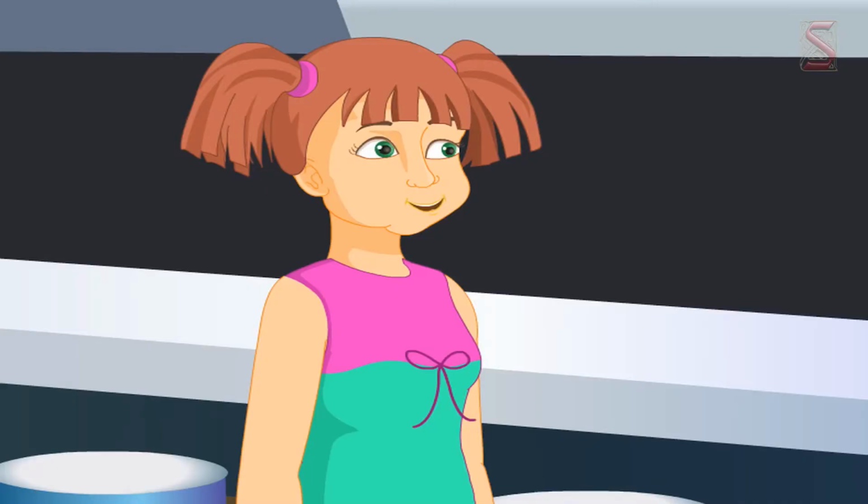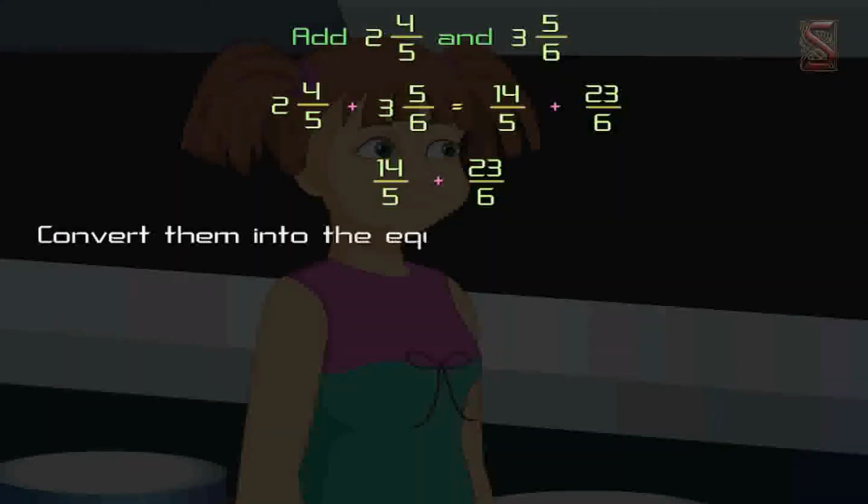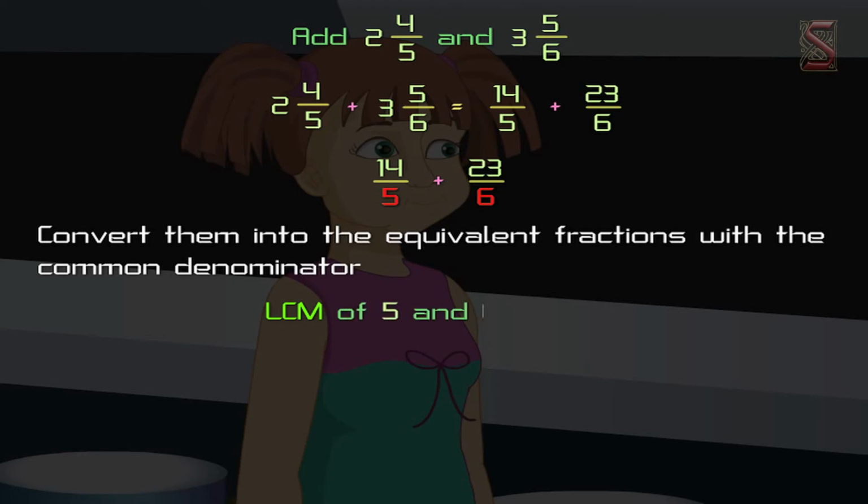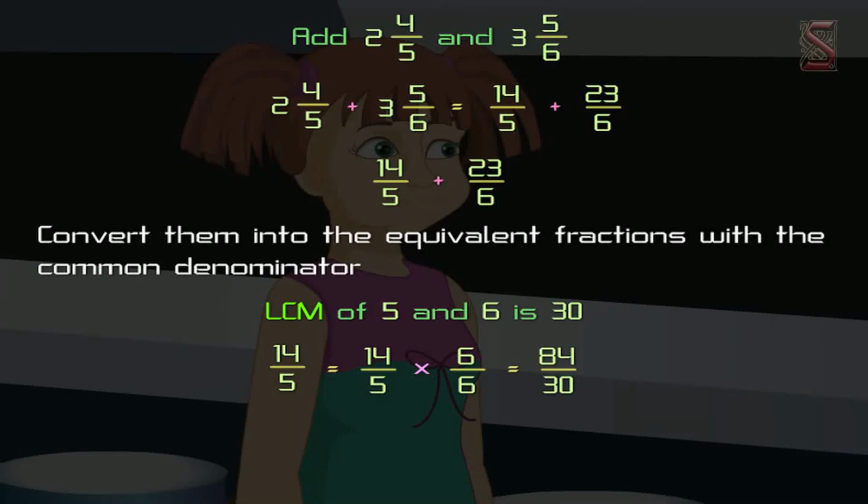To add the improper fractions, we have to convert them into equivalent fractions with the common denominator. To do so, first we have to find the LCM of 5 and 6. The LCM of 5 and 6 is 30. Now, the equivalent fraction of 14 by 5 with the denominator 30 is 84 by 30.